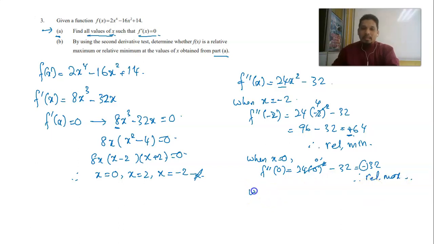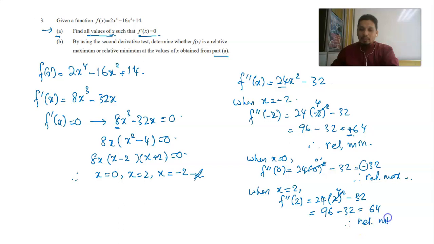And then when x equal to 2, f double prime 2 equal to 24 times 2 squared minus 32. 2 squared equal to 4, 4 times 24 is 96, minus 32 equal to 64. Another positive value just like this, so we come out with a relative minimum. So that is the first one.